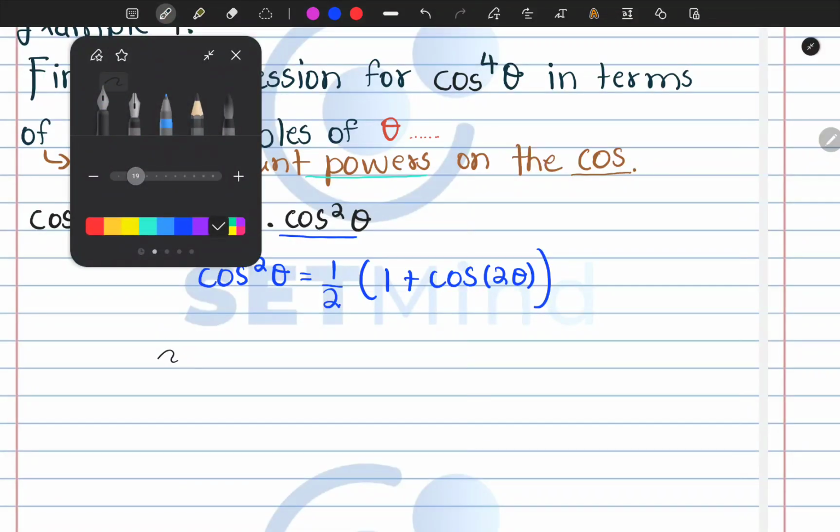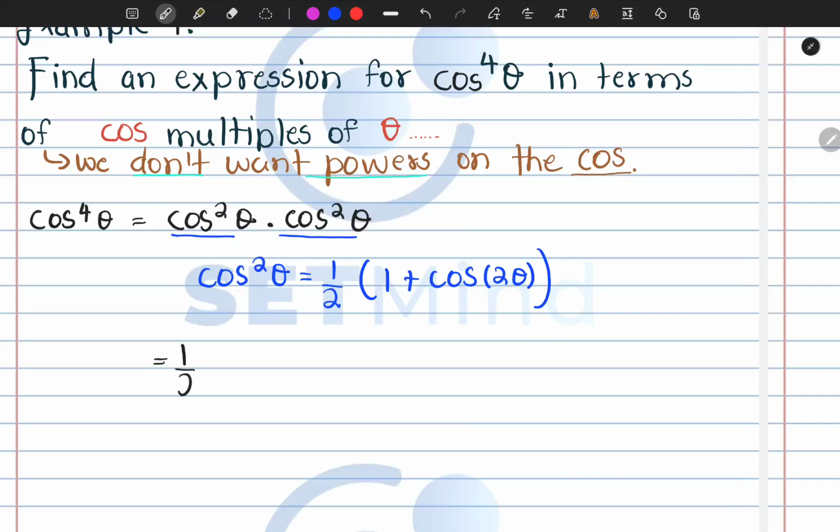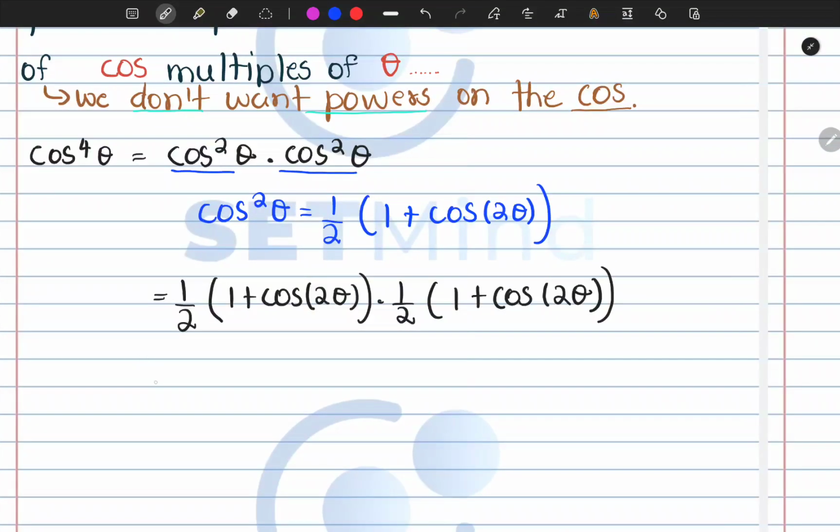Then we'll worry about foiling. So we have a half into 1 plus cos of 2 theta, multiplied by a half, 1 plus cos of 2 theta.